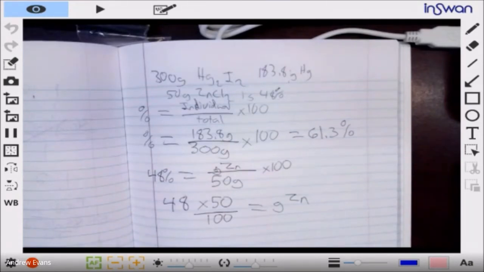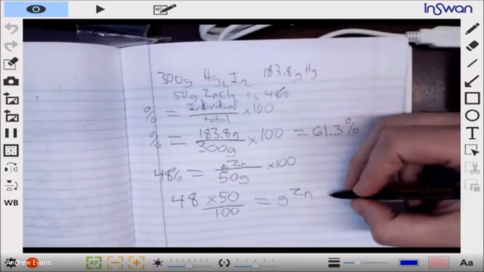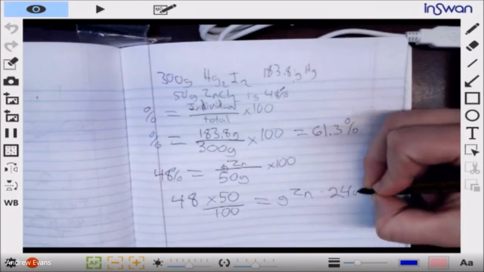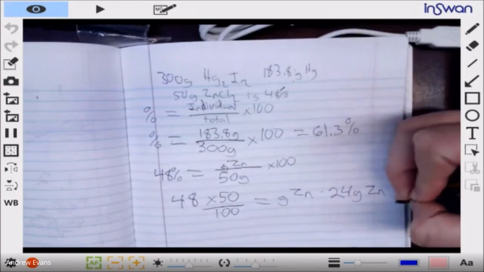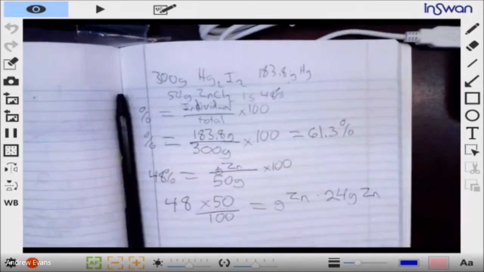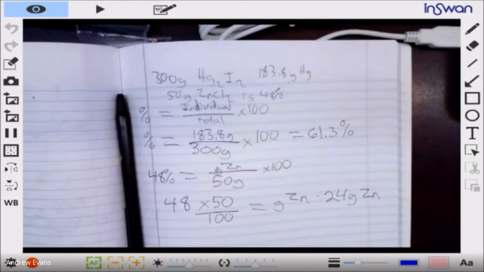So 48 times 50 divided by 100 says, okay, of those 50 grams, 24 grams would be zinc. 24 grams of zinc. Where is this going to be useful? Say you have iron ore. You're in a smelting plant. You're trying to figure out how much iron you should be able to get out.